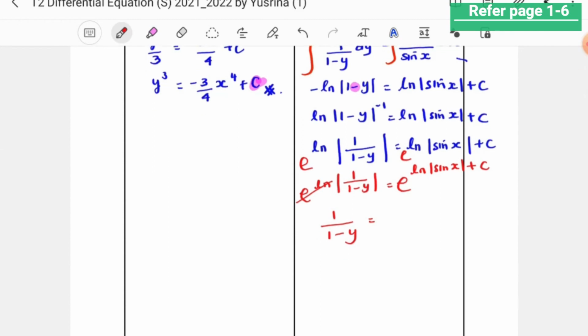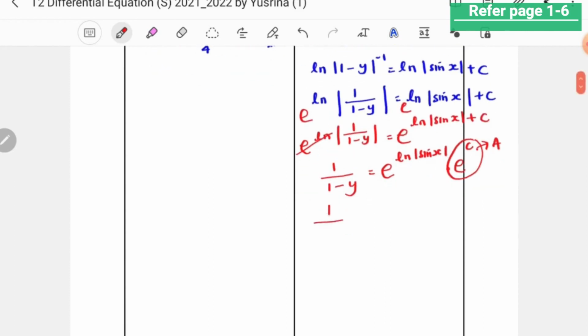That means we get e to the ln sin x times e to the c. Here e to the c we can use as a.